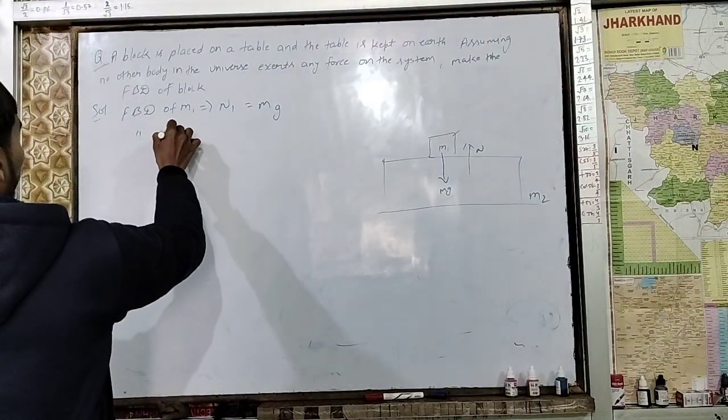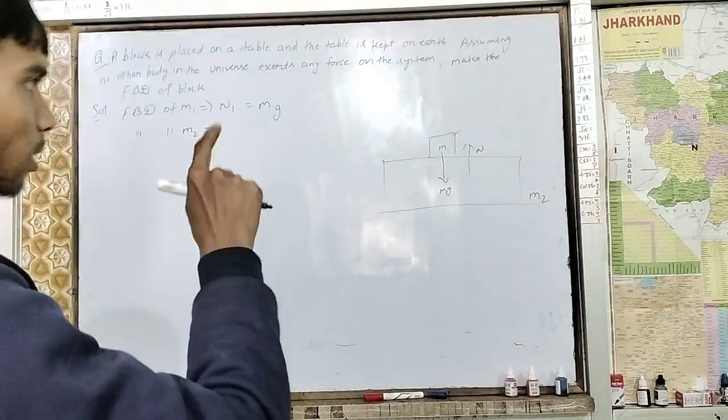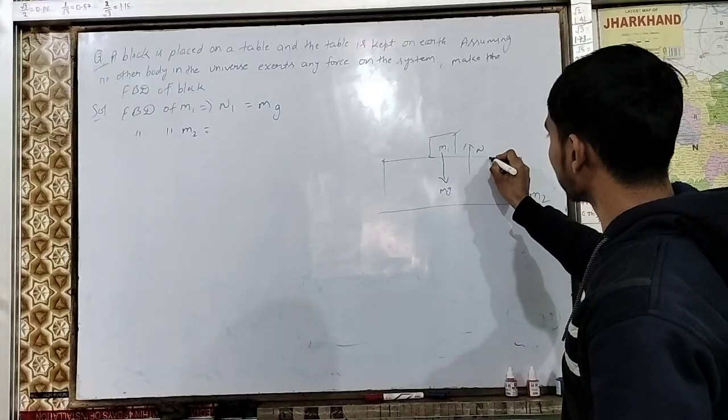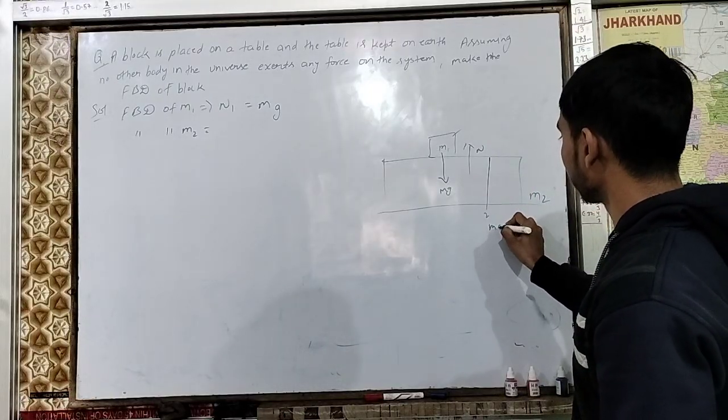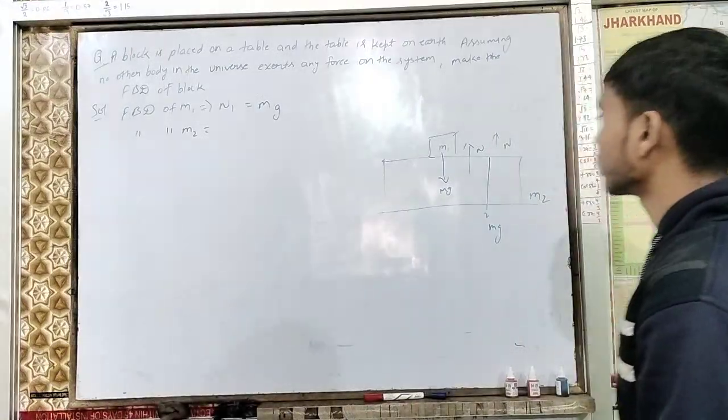Now the free body diagram of m2, the table. For this, mg again, m2g, and upward N2.